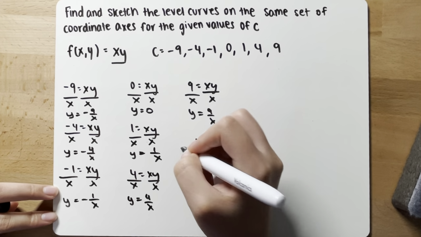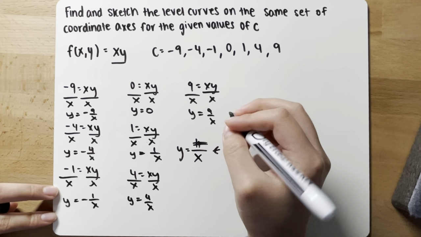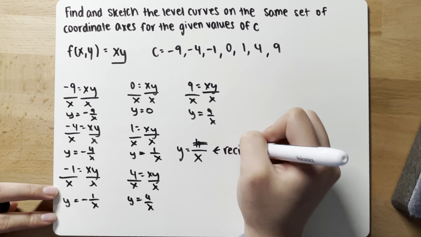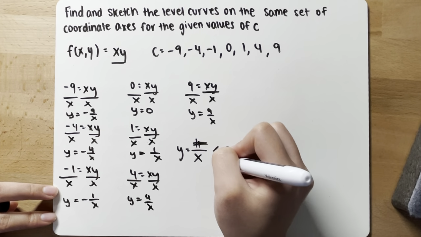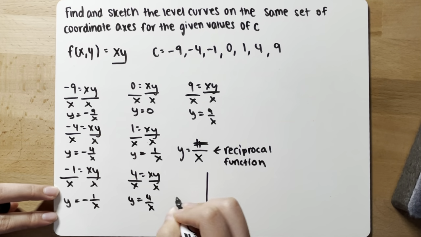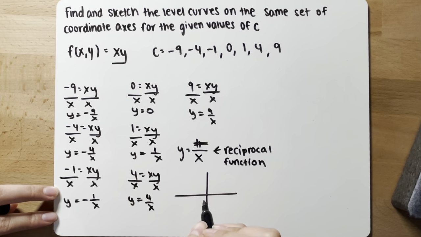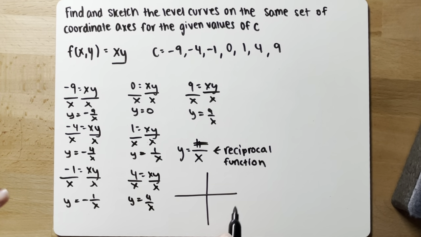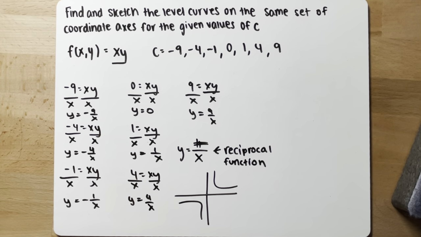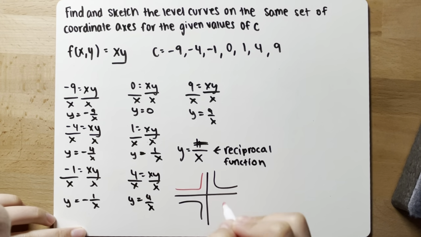This, if you graph it, is going to be a reciprocal function graph. So, reciprocal functions, positive reciprocal functions look like this, and then negative reciprocal functions look like this.